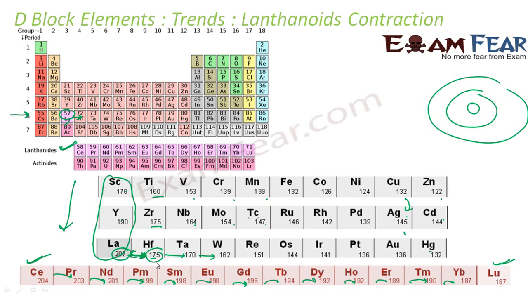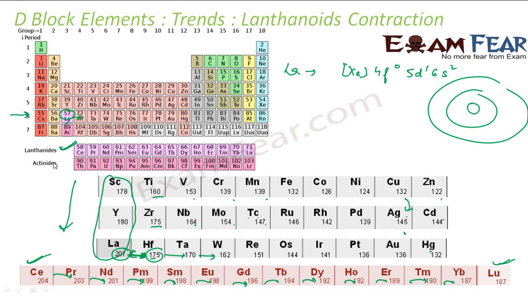This is called lanthanoid contraction, and it is because of the poor shielding effect of 4f electrons. For lanthanum the electronic configuration was xenon 4f0 5d1 6s2, right?